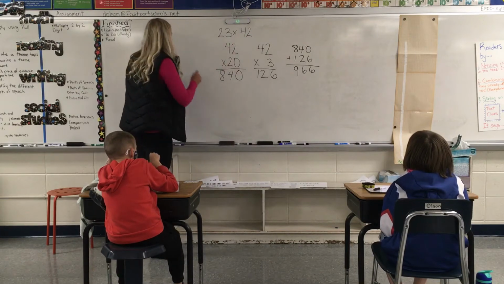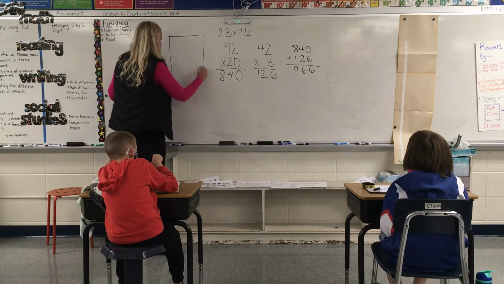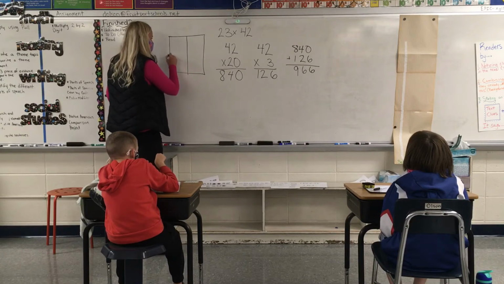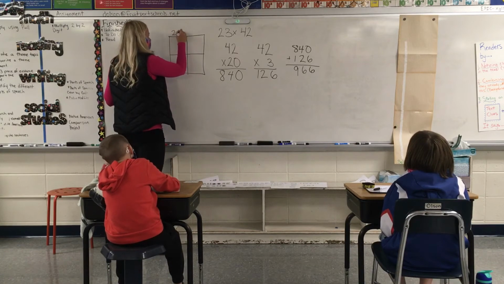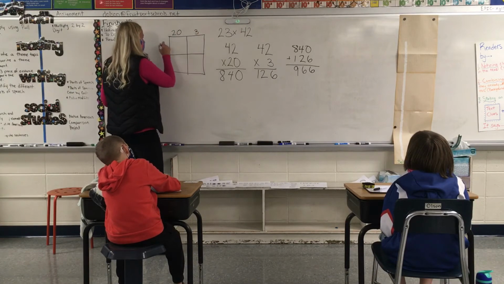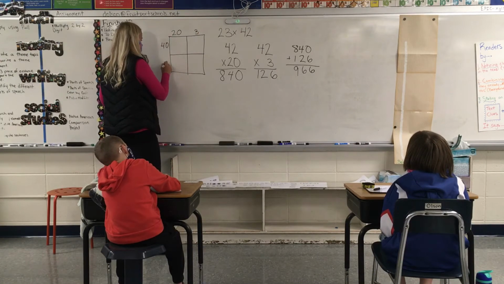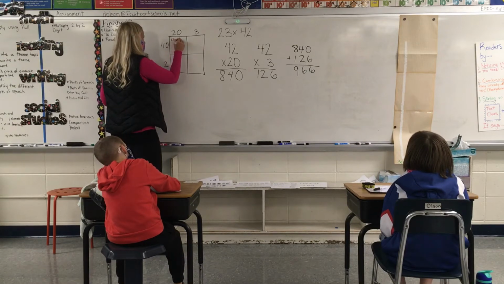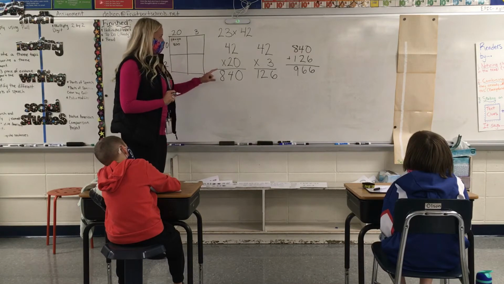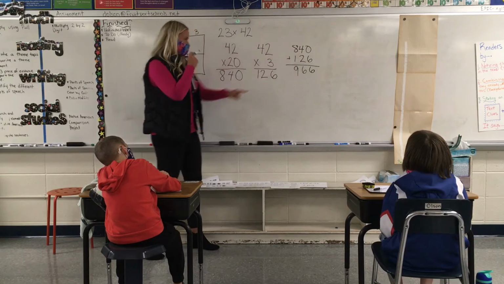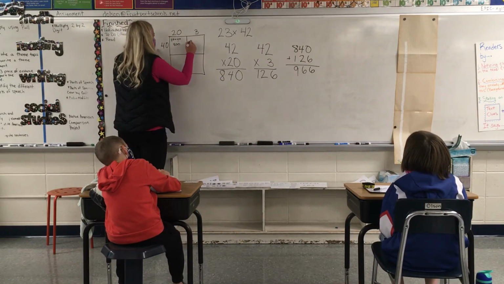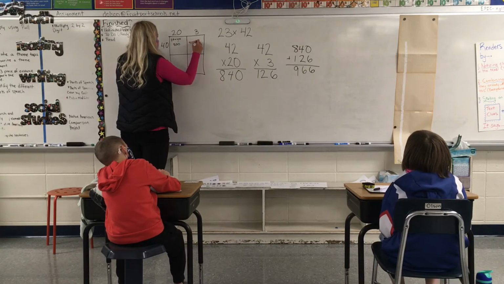Okay? But let's look at, if we did a quick area model, what that would look like. If I have 20 and 3, 40 and 2, okay? So 20 times 40, I have 800. Okay, do you see the 800? I mean 840, but just keep watching. Okay, now I have 40 times 3.